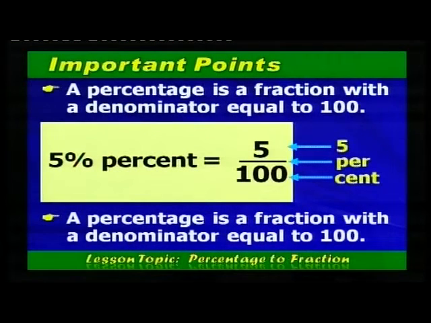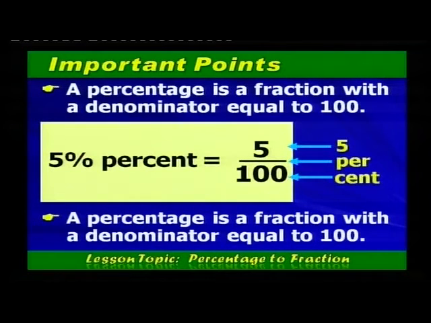Okay, looking at what is now on the PowerPoint, there are some important things that we have to learn when we are talking about percentage and fraction. Very importantly, a percentage is a fraction with a denominator equal to 100.